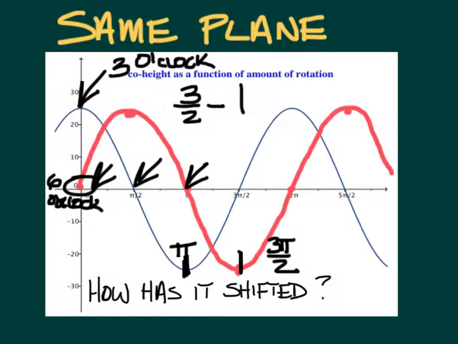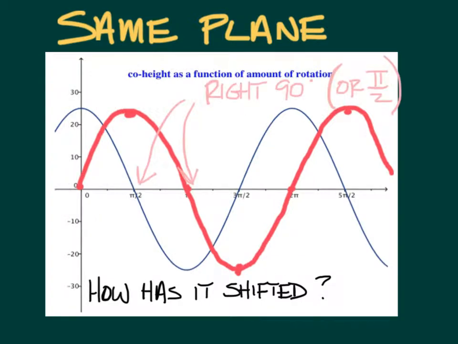We've moved pi over 2 to the right. And if we move pi over 2 to the right, then what expression has to be put into the function? Minus pi over 2. So let's see. Yeah, we've gone to the right 90 degrees, or pi over 2. That's how it shifted. That's what we did on the last screen.